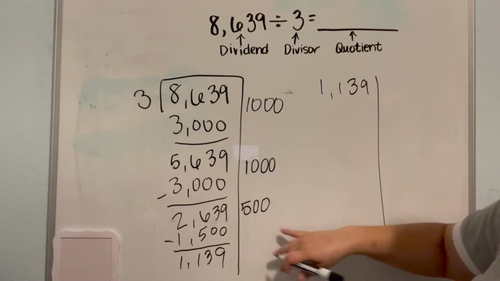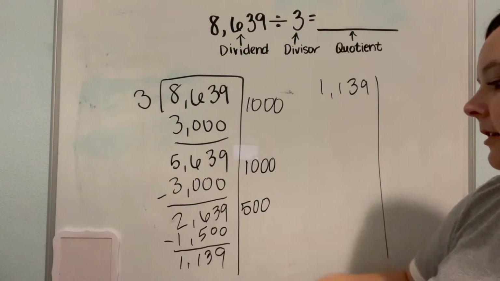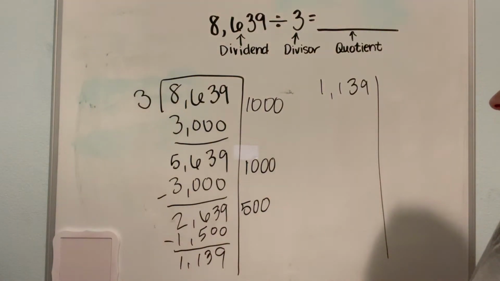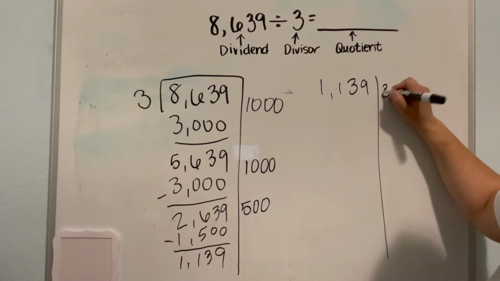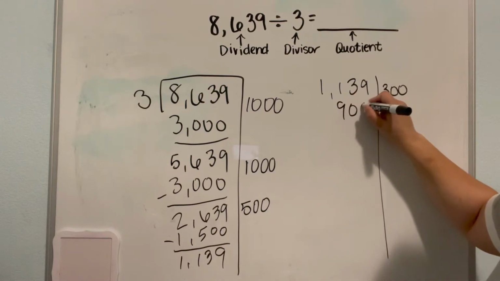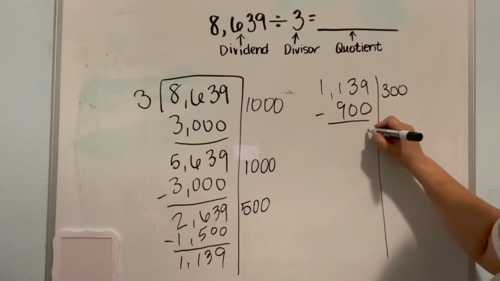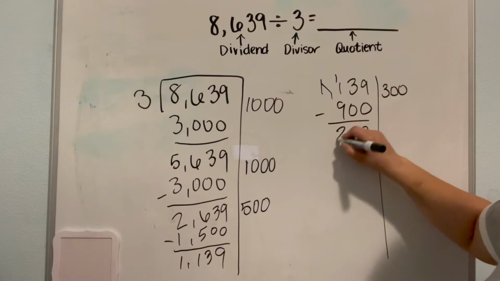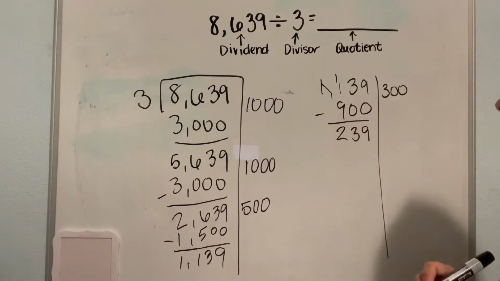And now I'm going to use, let's see. I can't use 500 again because that would go over our number, but I can use 300. So I'm going to put 300 right here. 300 times 3 gives me 900. And now I'm going to subtract, which leaves me with 239.